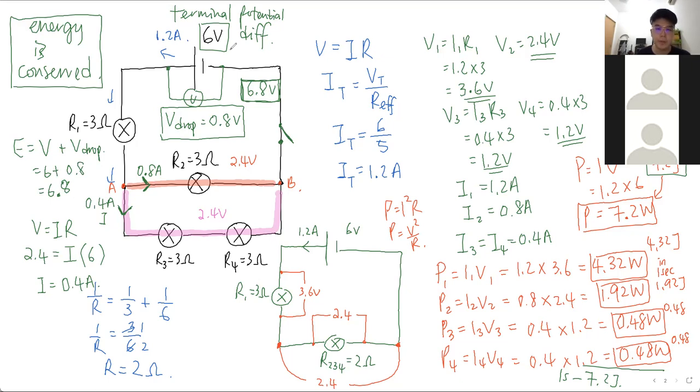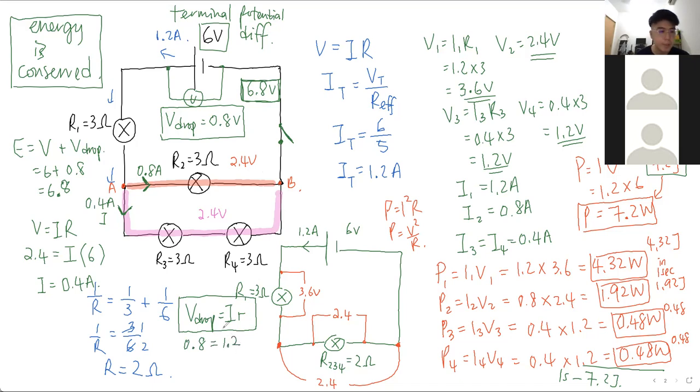Okay. Now, if the question asks you to calculate the internal resistance, what is the internal resistance in the battery that is not shown here? Then you take the voltage drop. Voltage drop equals my I times my small r, right? It's also V equals IR, only small r is the internal resistance. So voltage drop is 0.8 equals the current, which is 1.2.